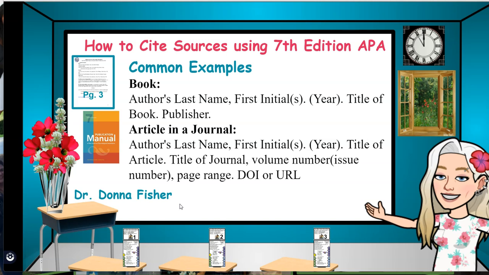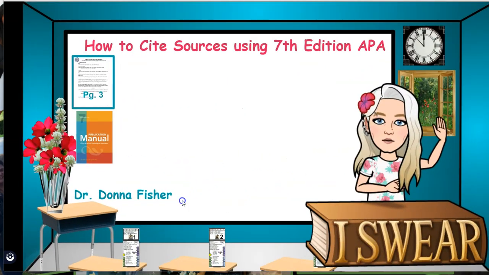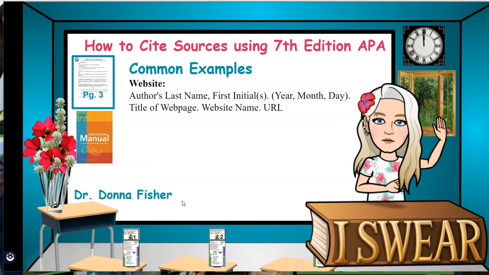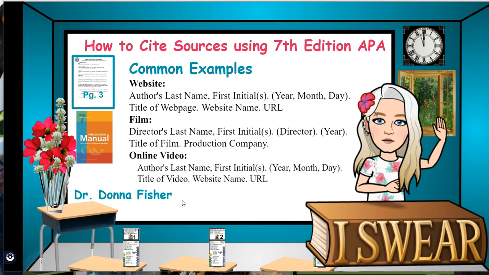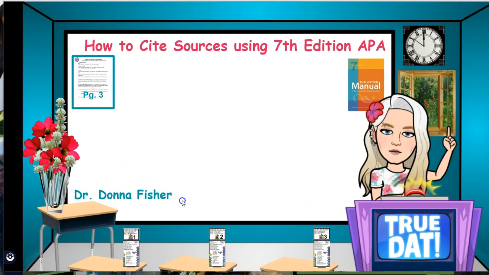I don't have the italics in here, just what goes into each one of these and in what order. So here's common examples of the website. Remember, you can put that hyperlink, a film, an online video. All right, and we looked at each one of those in detail. That's why I went quickly through it.